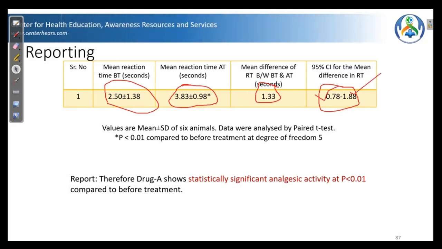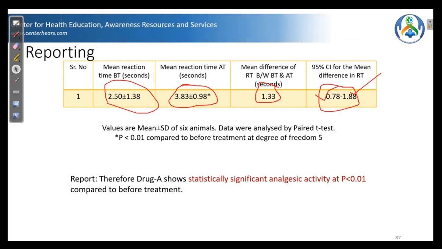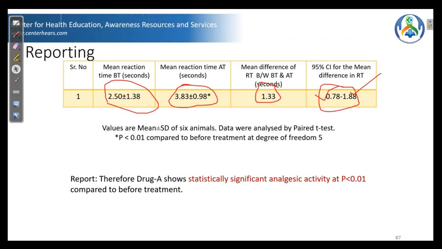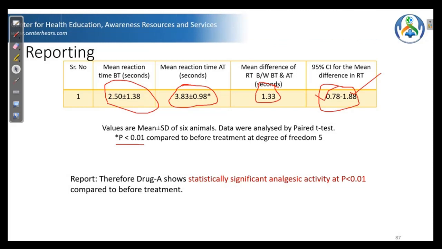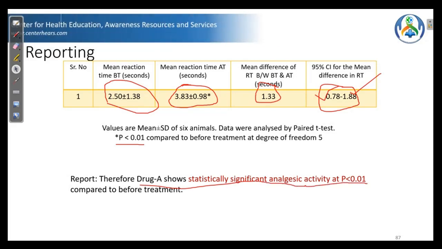Reporting will be: values are mean plus minus SD for six animals. Data were analyzed by paired t test, and p is less than 0.01, compared to before treatment, at the degree of freedom. Therefore, the drug shows a significant analgesic effect at p less than 0.01. Whatever difference is there, that is significant.